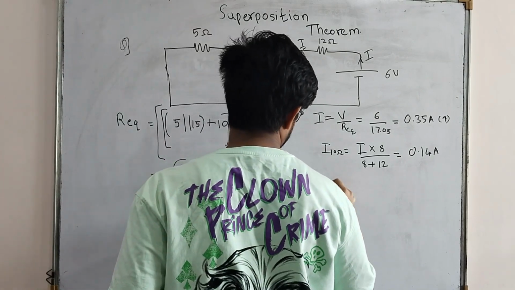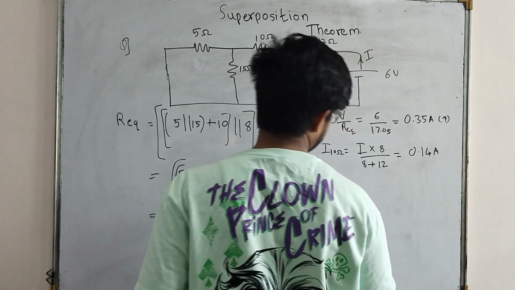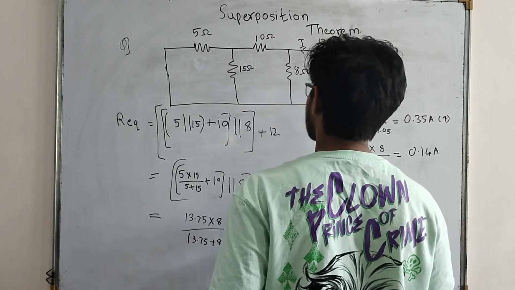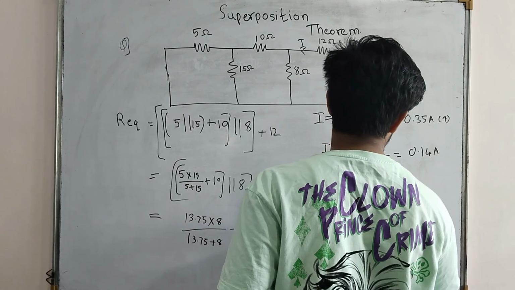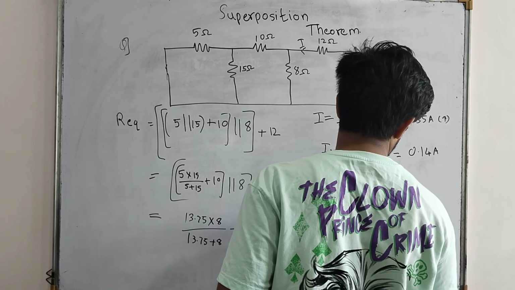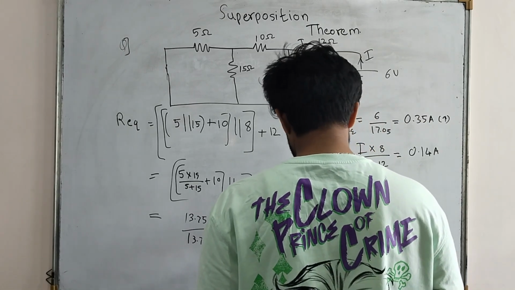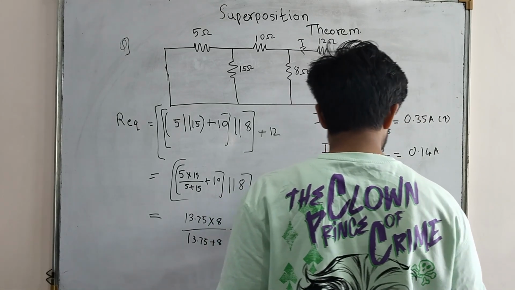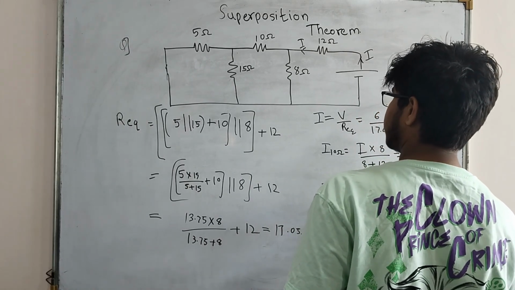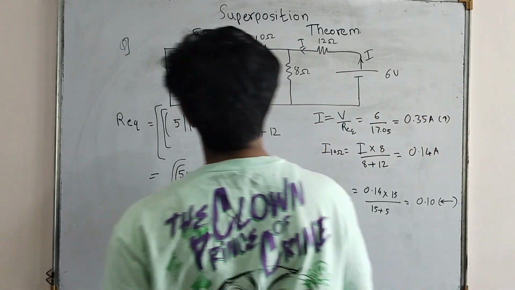Now let's calculate I through 5 ohm, which will be equal to 0.14 into 15 divided by 15 plus 5, which turns out to be 0.10, flowing in this direction. This will be direction for 5 ohm.